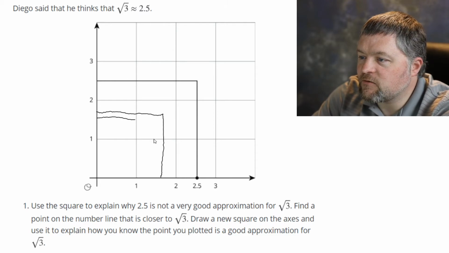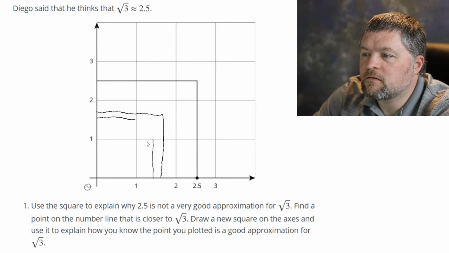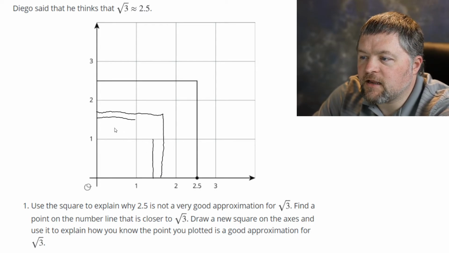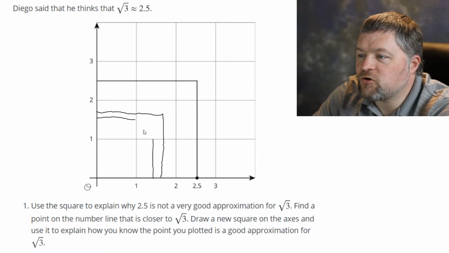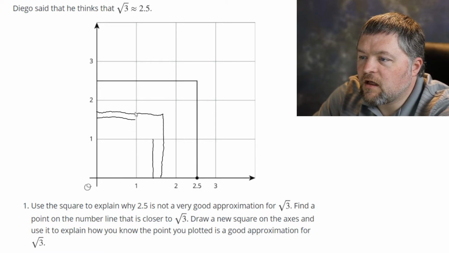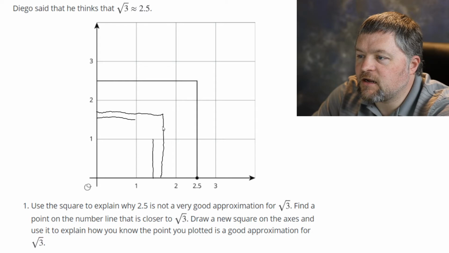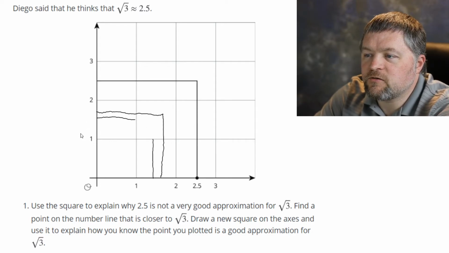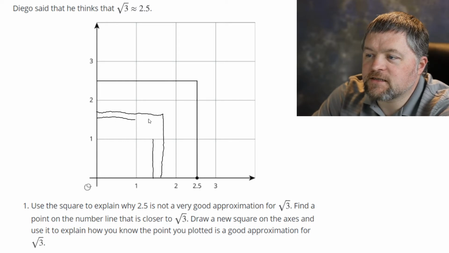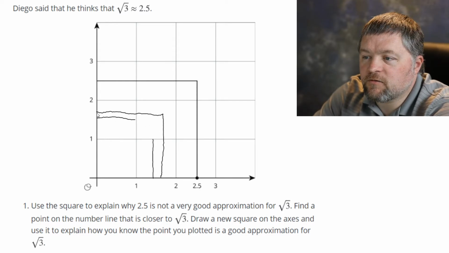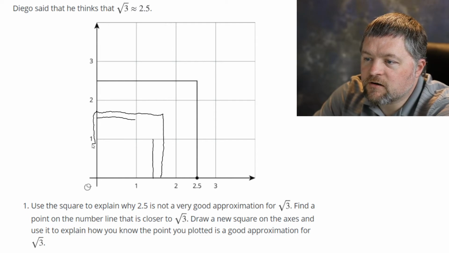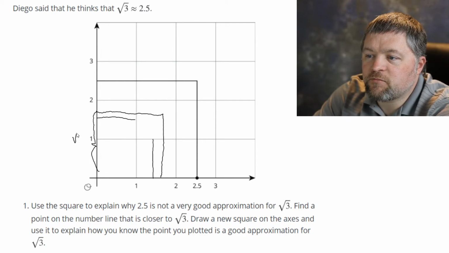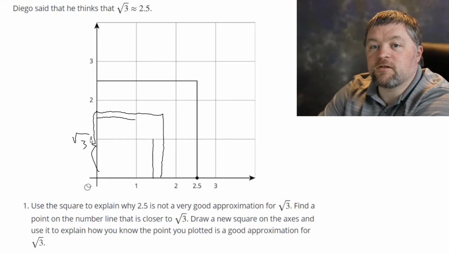That's a half a unit, and that's a half a unit. In here and in here. So that's 2 units. A little more here, a little more here, and a bunch more here. That's approximately 1 unit. So if that has an area of approximately 3 units, our side length is approximately the square root of 3.